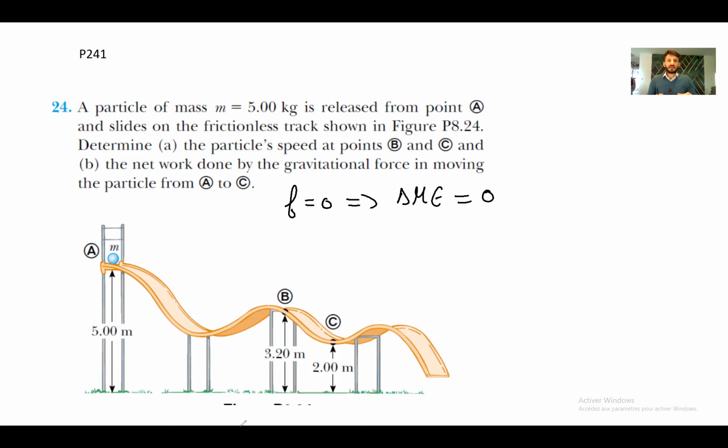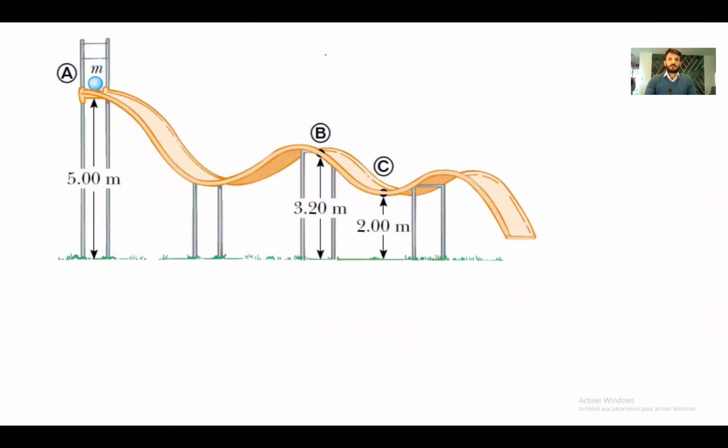Part A, we have to determine the particle's speed at positions B and C. We have to find the speed at B and at C. Here m equals 5.